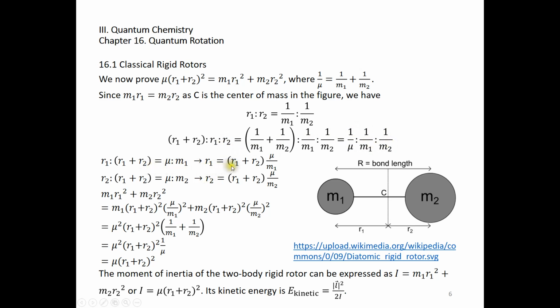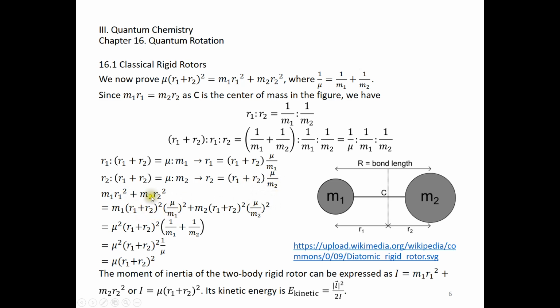Therefore, r1 is r1 plus r2 times mu over m1. r2 is r1 plus r2 times mu over m2. Now we derive m1 r1 squared plus m2 r2 squared. We'll just replace r1 with r1 plus r2 times mu over m1, and replace r2 with r1 plus r2 times mu over m2.